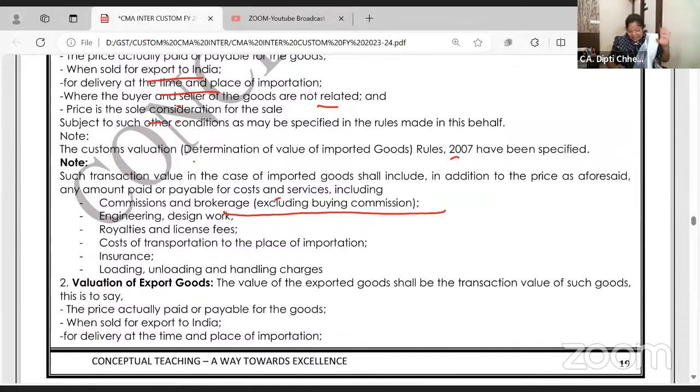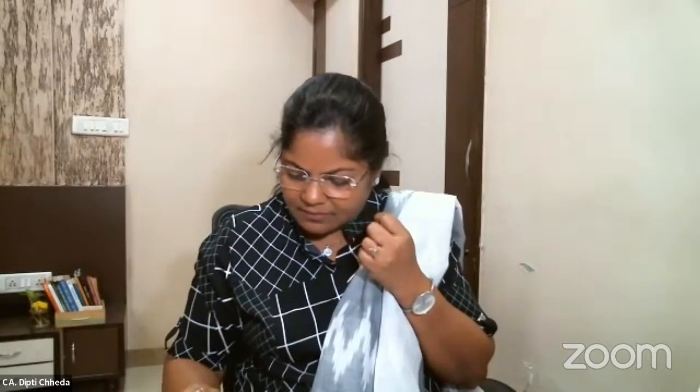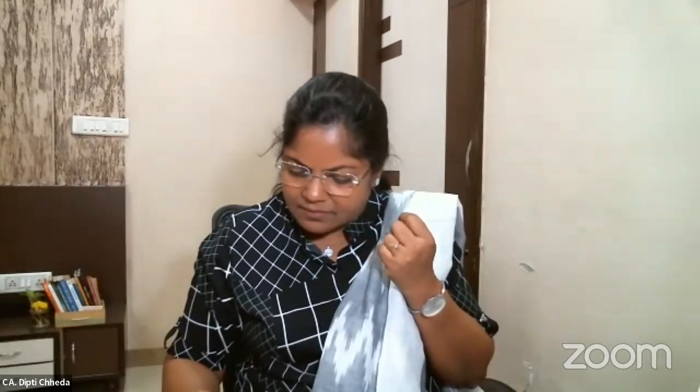Assessable value. Let's do one thing, we'll go a different way. Are you all with me? Until now, the things are clear. What we have done so far is just study which rate I have to take.